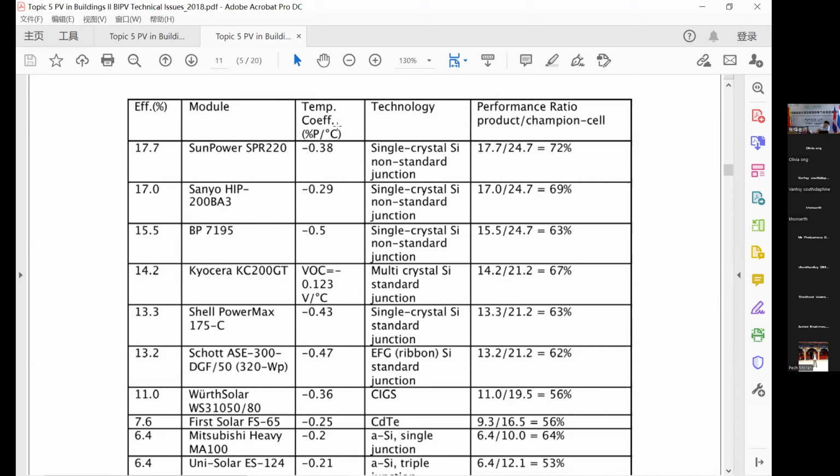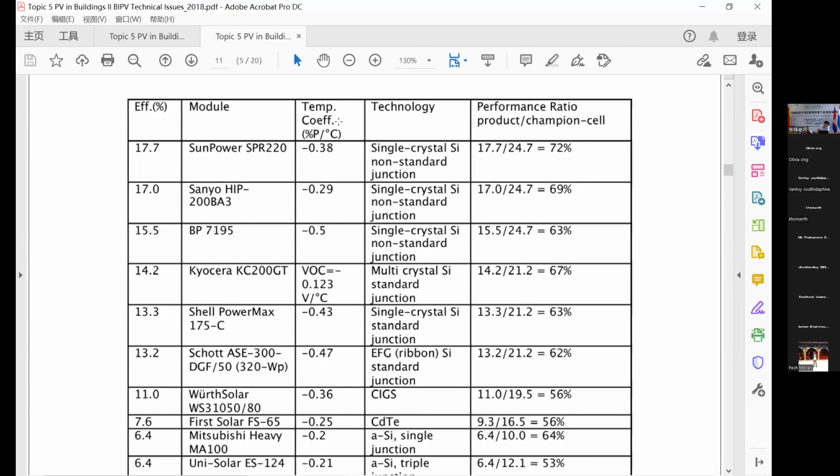Temperature coefficient means the percentage change in efficiency once the temperature increases by 1 degree. For example, we all know that the optimal operational temperature of the solar cell is around 25 Celsius degrees. How about 26?